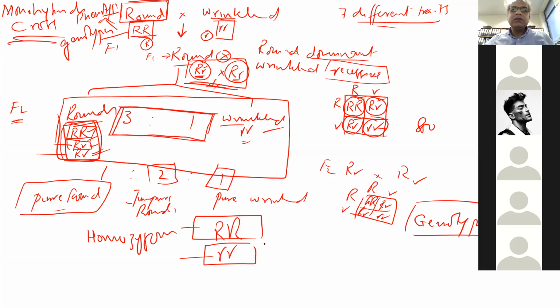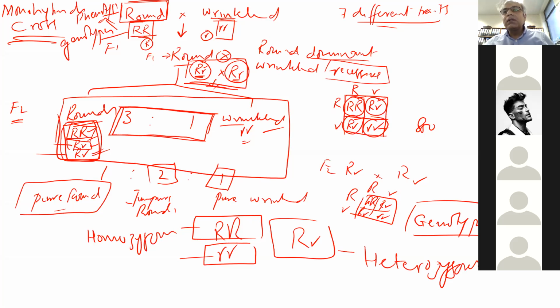Now, what is this individual then called? This is called heterozygous. So what Mendel proposed was that factors segregate randomly, they segregate independently.